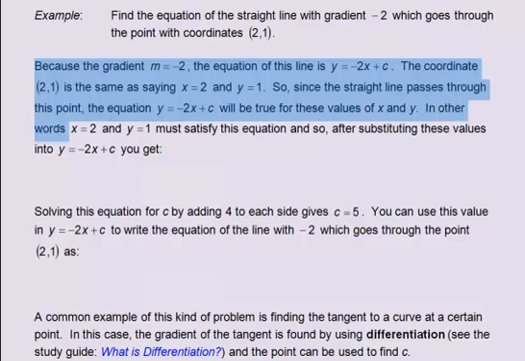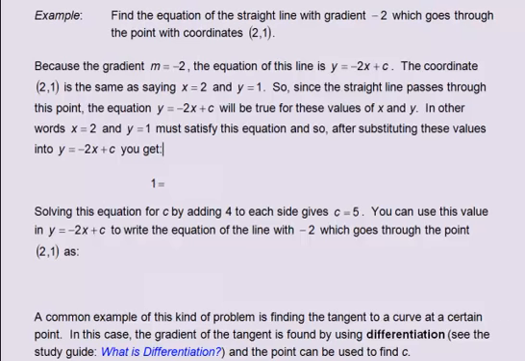In other words, x = 2 and y = 1 must satisfy this equation, and so, after substituting these values into y = -2x + c, you get 1 = -2 times 2 + c.